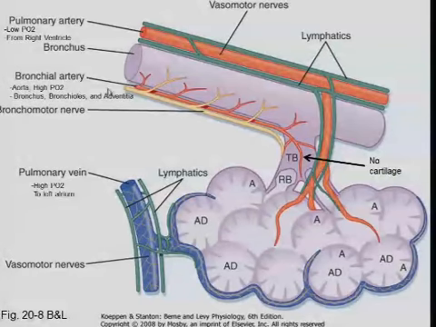That has a high PO2, unlike the pulmonary artery, which has a low PO2. So most of the tissues in the lung are supported by oxygenated blood coming from this bronchial circulation. So there are two separate circulations within the lung, one that supports the tissue and the other that's primarily involved in gas exchange. Remember that they are two separate entities.